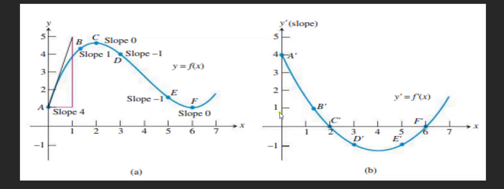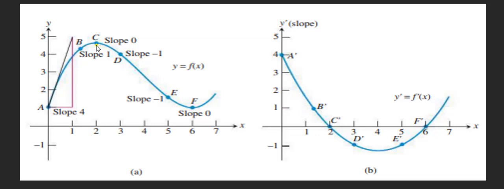That's why when you look at the graph of y prime, at 0, y prime is at 4, because the slope of y, or f, was 4 at x equals 0. What happens at point B? The slope is 1. So at point B, y prime is at 1.